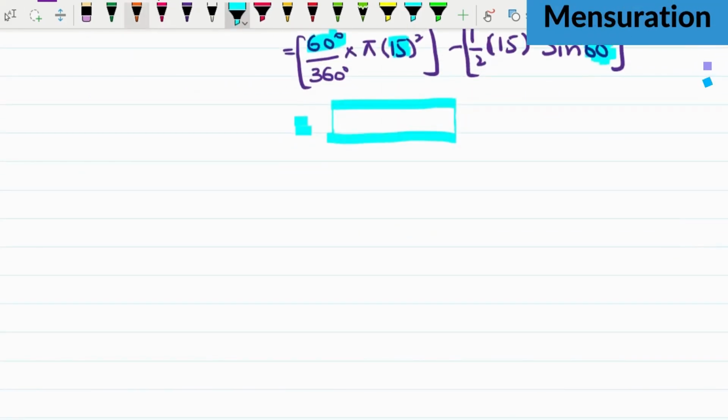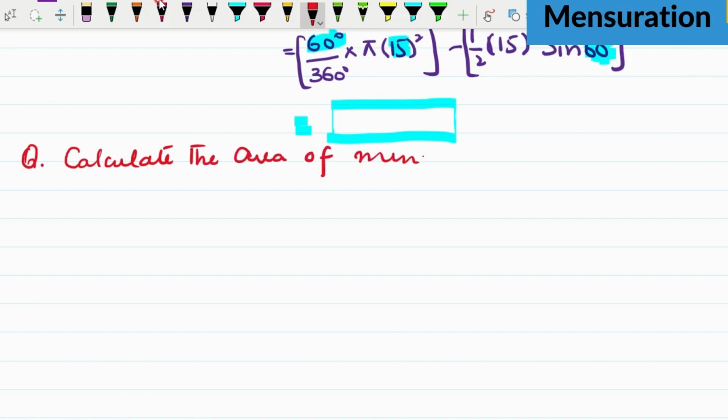Okay, here I have one example to solve in detail. How can we calculate the area of a minor segment? So here is a question. Let me draw a shape.